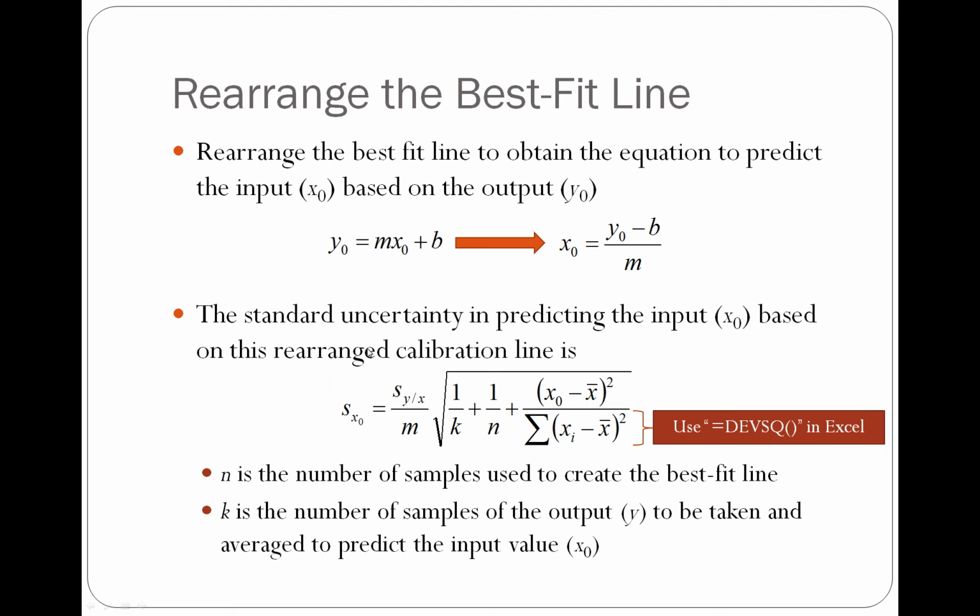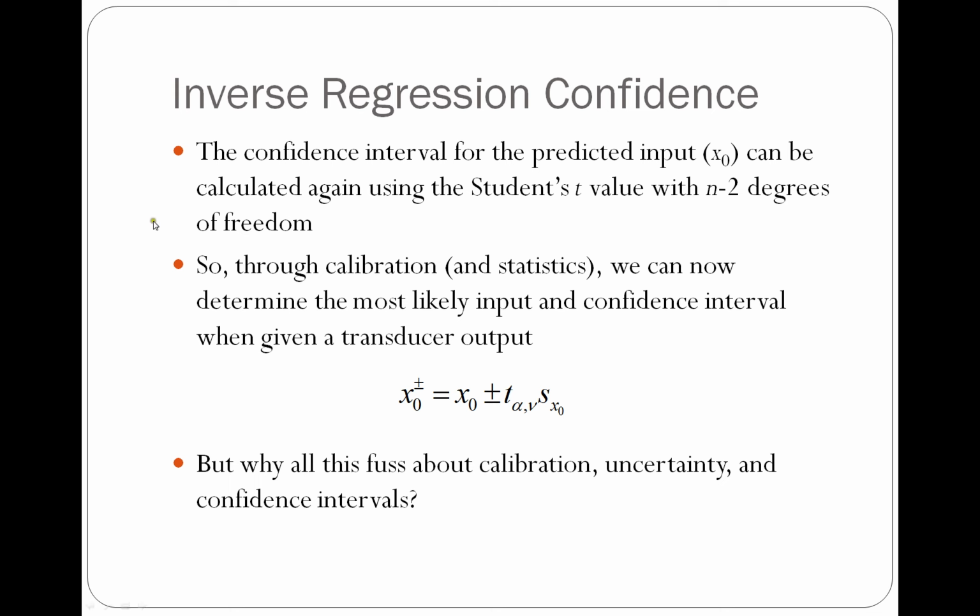Now this is standard uncertainty, which corresponds to approximately 1 standard deviation, or encompasses about a 68% confidence interval. If we want to adjust that to some different confidence interval, again what we need to do is use the student's t value with n minus 2 degrees of freedom, where n again represents the number of samples that were used to create the regression line, or the best fit line.